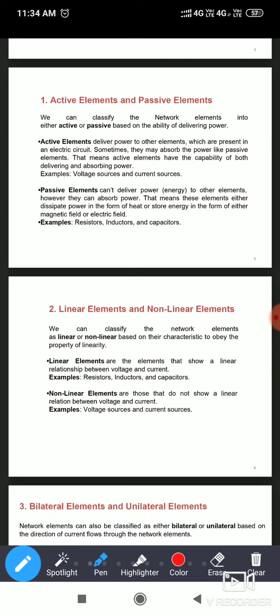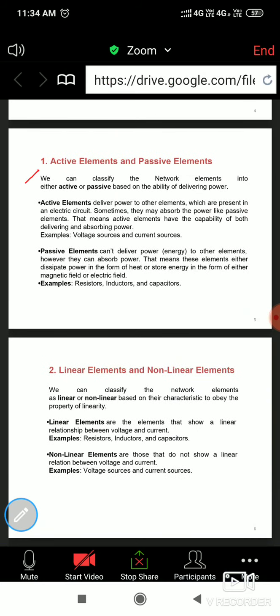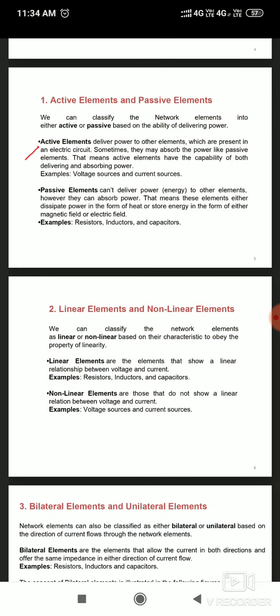So here, what do you mean by active elements? Active elements mean those which deliver the power to other elements present in the electric circuit or electric network. Their work is to deliver the power, to deliver the energy to other elements.